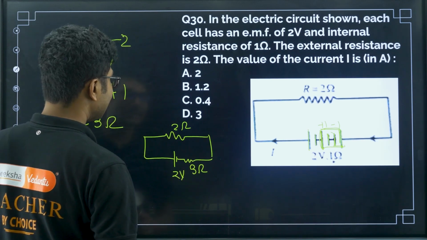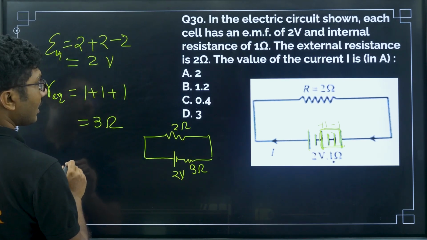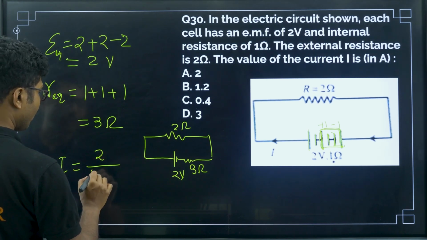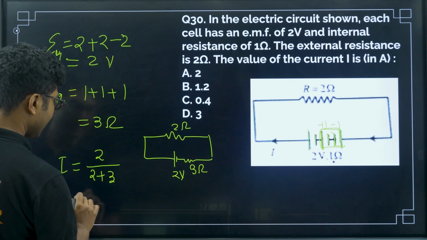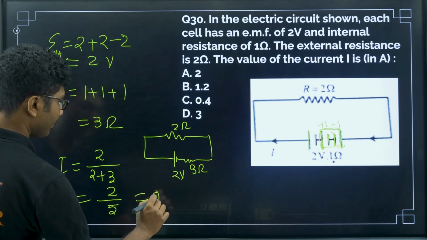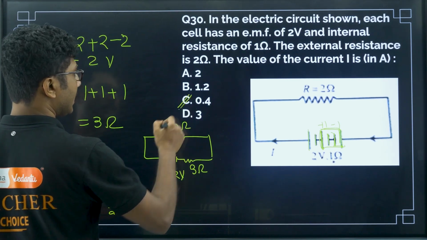So what is the current here? Current I is equal to 2 divided by 2 plus 3, that is 2 divided by 5, which means 0.4. So 0.4 is the current.